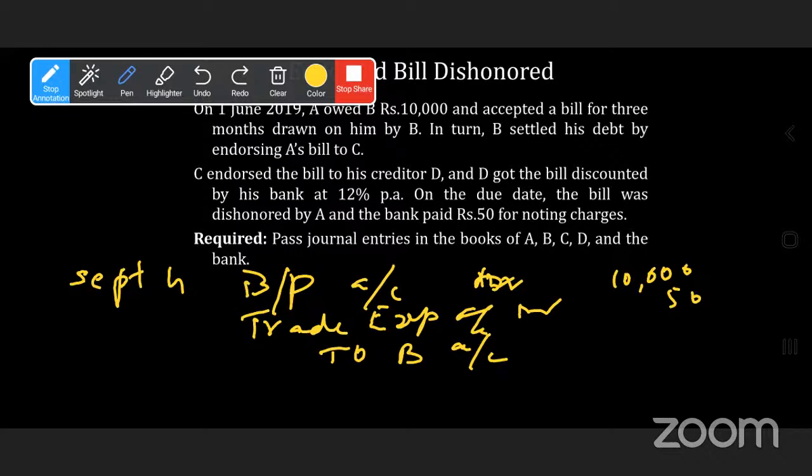Trade expenses account debit 50 rupees to B account. Write the narration: being bill dishonored and noting charges payable.